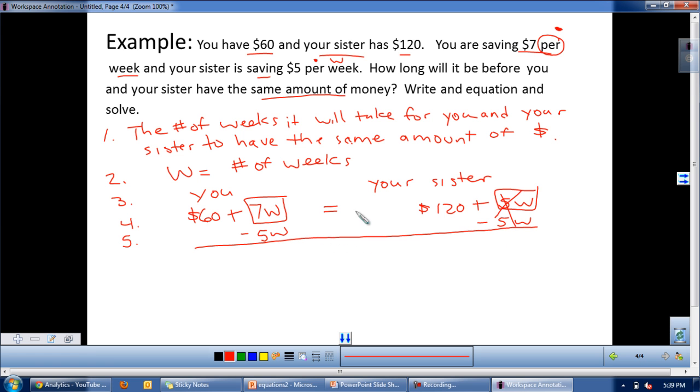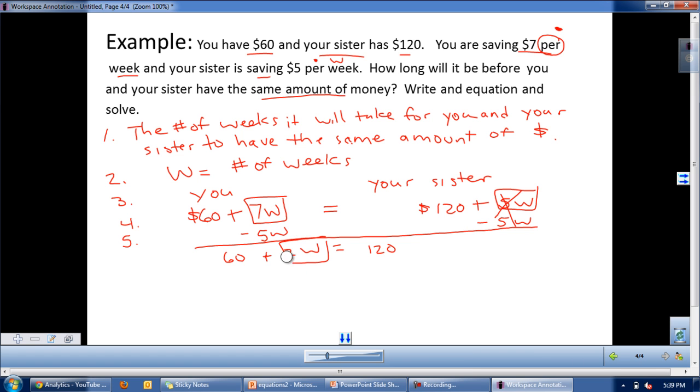Those cancel out. Okay, I'm going to write 120 closer, equal sign, 60. 7W minus 5W, what is that? That is positive 2W.